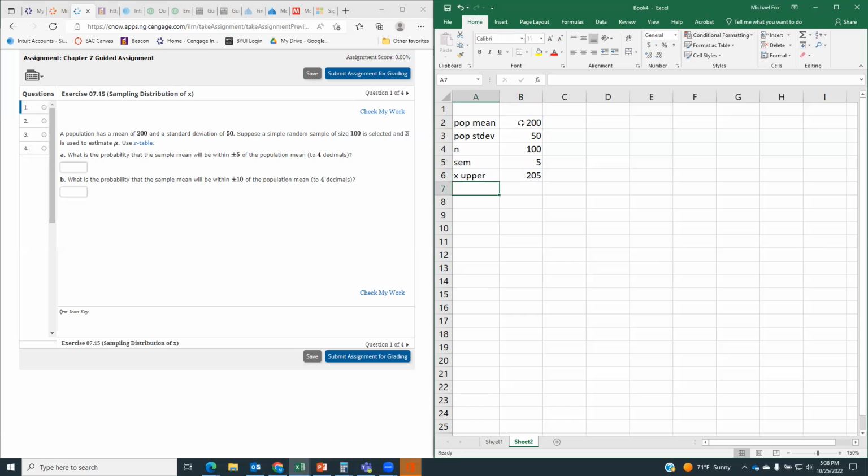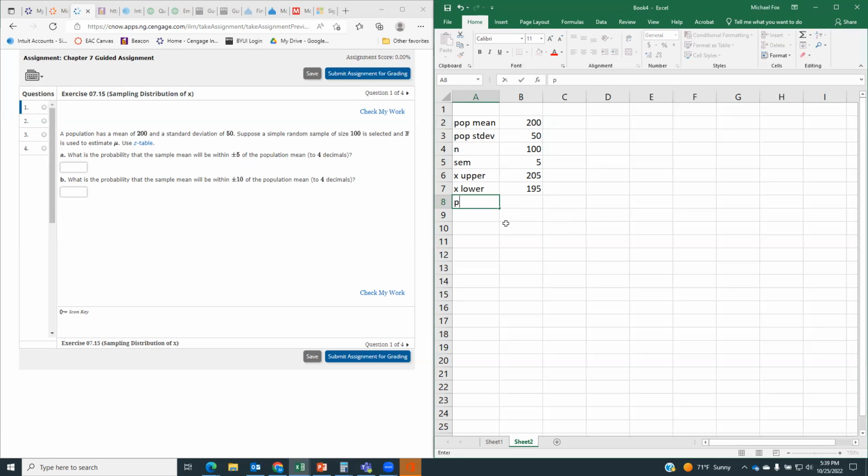And then my lower value of x is just going to be my mean minus 5. So because it's asking me, what's the probability the sample mean will be within plus or minus 5 of the population mean, I'm saying, what's the probability that my sample mean is going to be within 195 and 205? Okay, that's really what it's asking me.